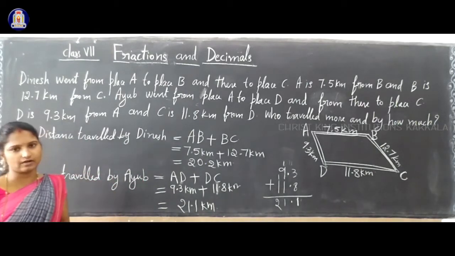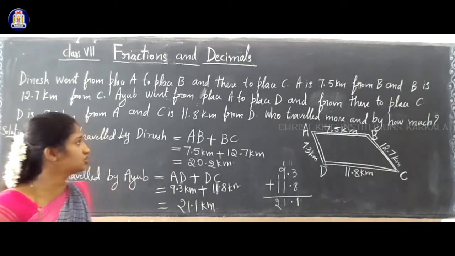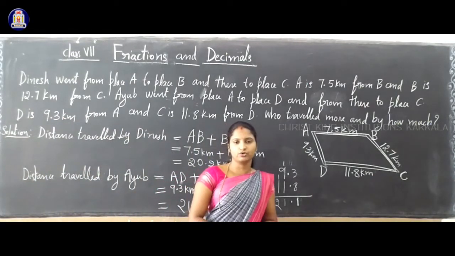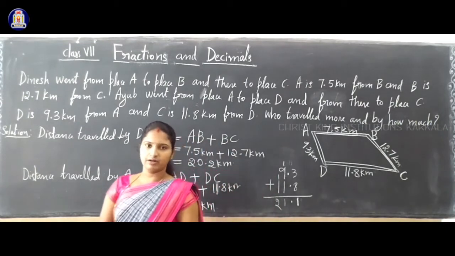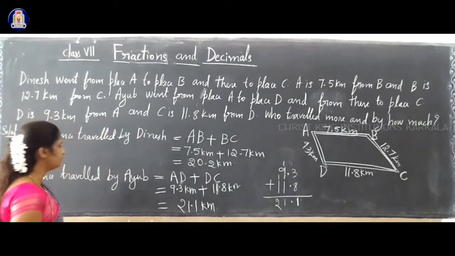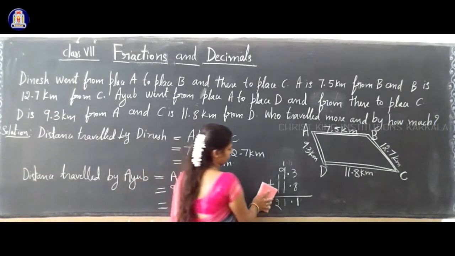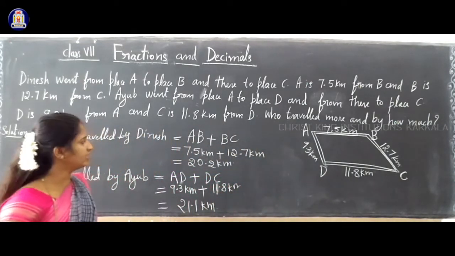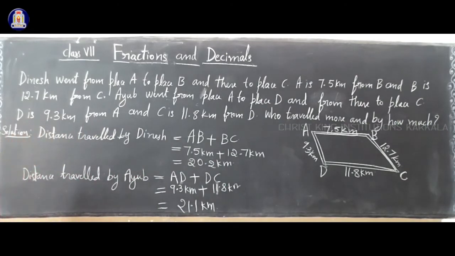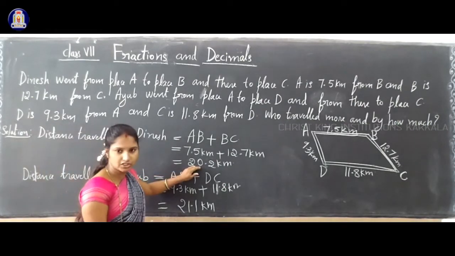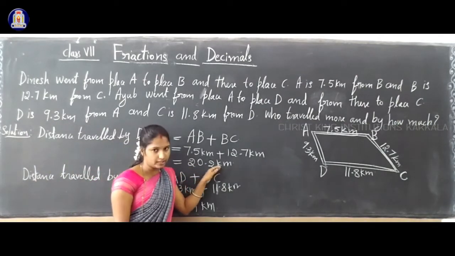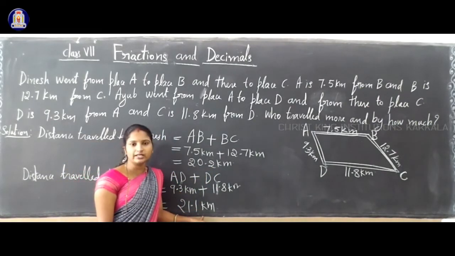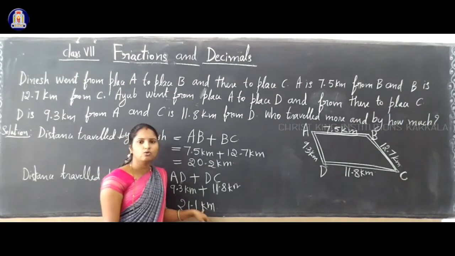So what is the question? Who traveled more and by how much? So you have to compare now the distance traveled by Dinesh and the distance traveled by Ayub. Here the distance traveled by Dinesh is 20.2 kilometer and the distance traveled by Ayub is 21.1 kilometer.